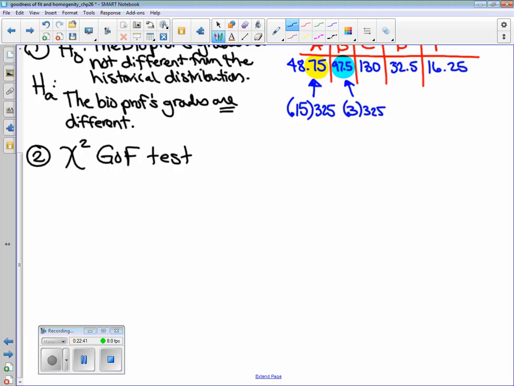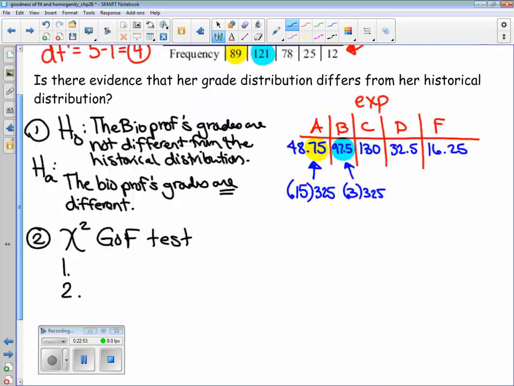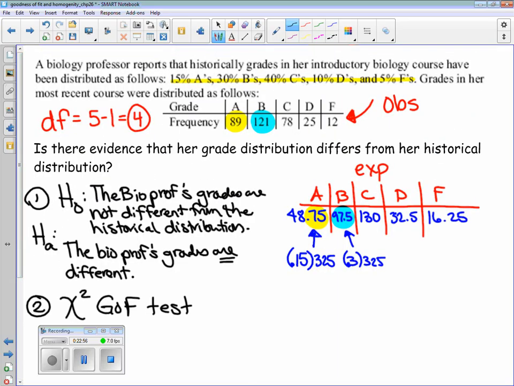How many are there? 2. Yay. What's the first one? Well, in this case, it's going to have to be that, Angelica, isn't it? It's not a random sample. Okay, it does not say that she did a random sample. These are kids in her class. What we have to assume, since it's not random, is that it's representative of her bio classes.